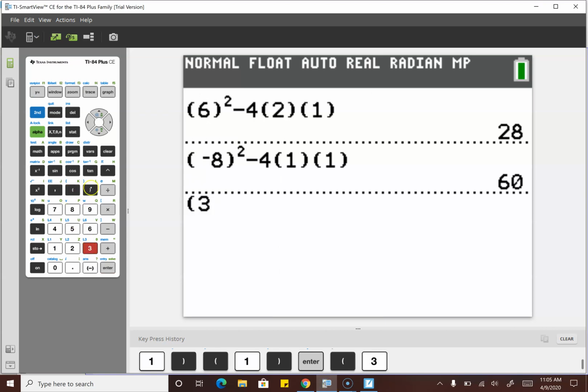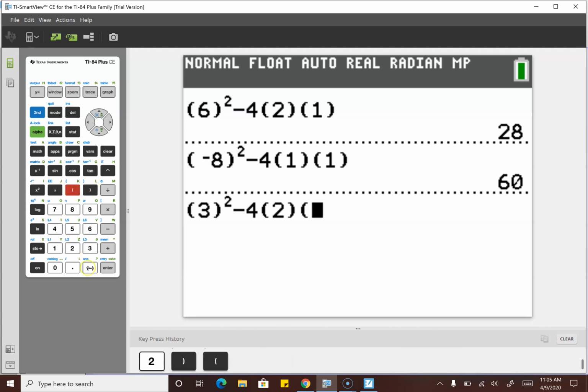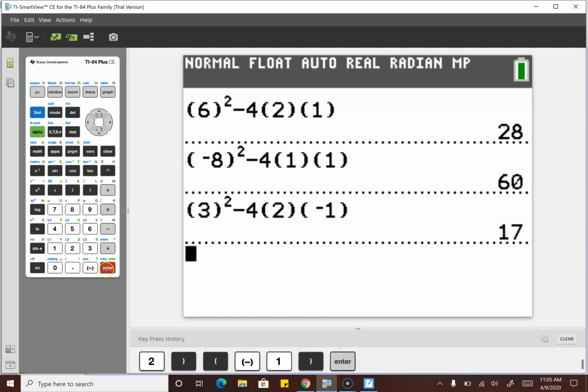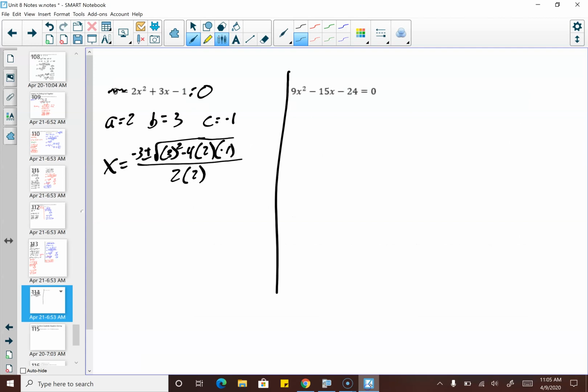We are 3 squared minus 4 times 2 times negative 1 gives me 17. X equals negative 3 plus or minus square root 17 over 4. 17 is not perfect. 17 does not simplify. Therefore, my final answer is left right there.